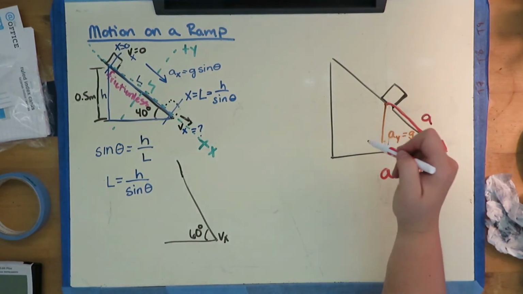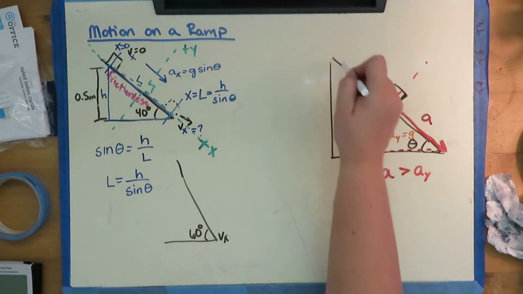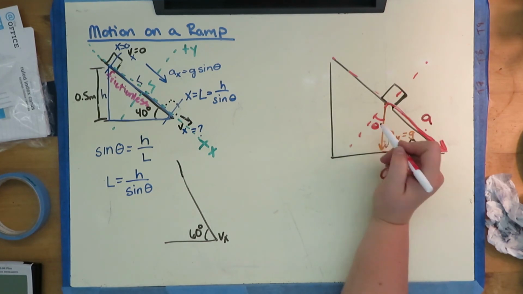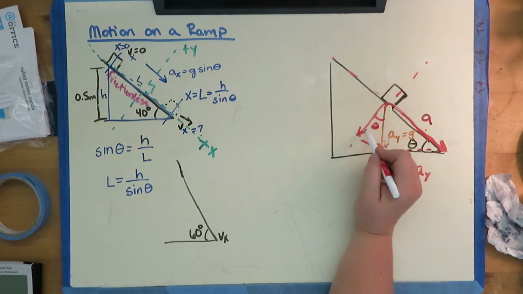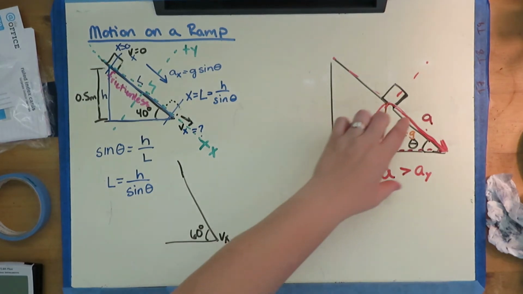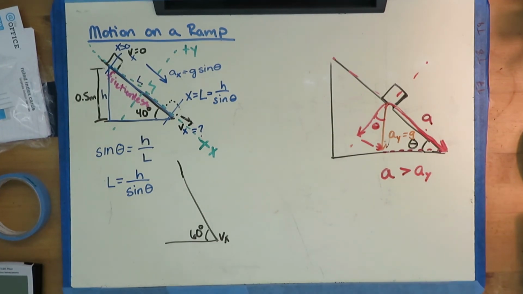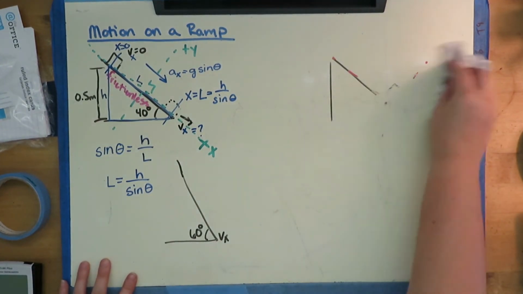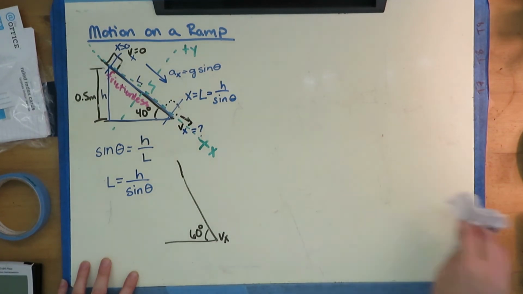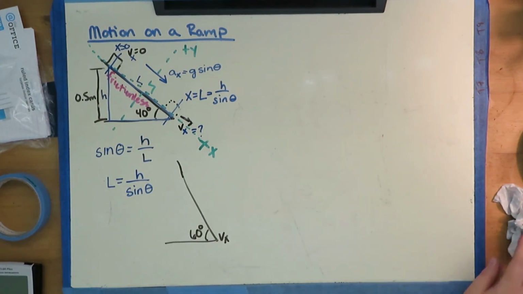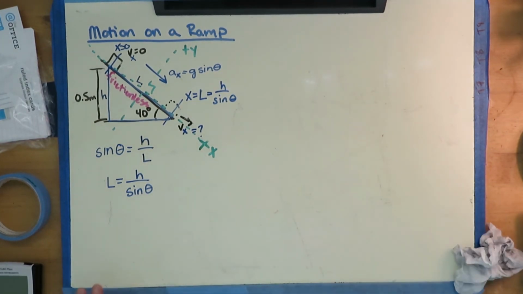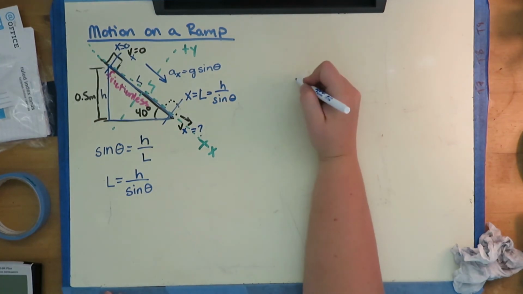So you have to make sure you go through the steps, rotate your axes, identify your angle, resolve your components, and all those steps that we do, because otherwise if you try and take shortcuts, you're going to end up with things that you can calculate but that don't actually make sense. And when we do real labs, we're going to find that our acceleration from labs tends to be much smaller in real life.